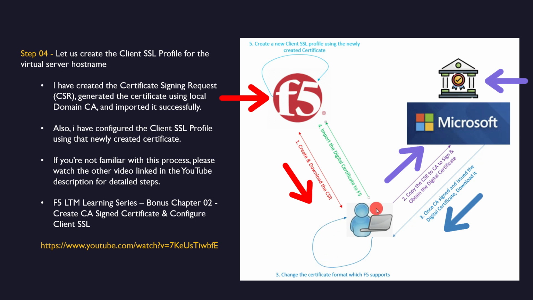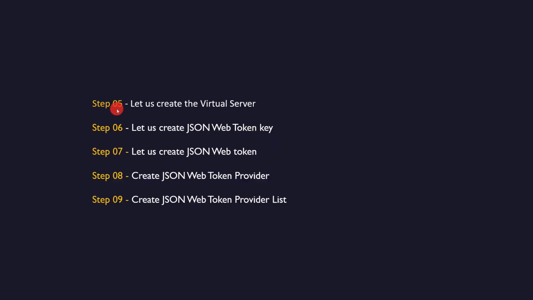Later, I have imported that digital certificate into F5. Also, I have configured the client SSL profile using that newly created certificate. If you are not familiar with this process, please watch the other video linked in the YouTube description for the detailed steps. In step 5, let us create the virtual server.